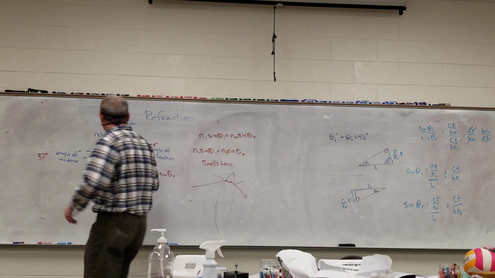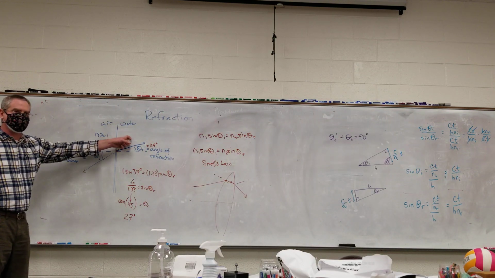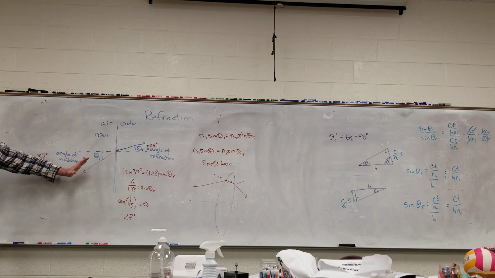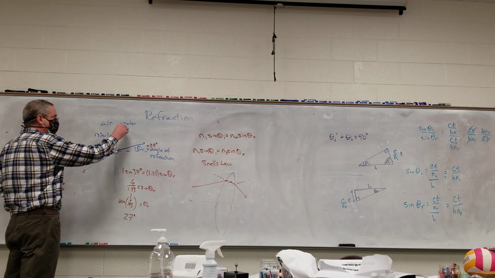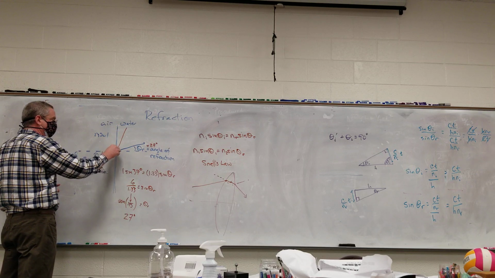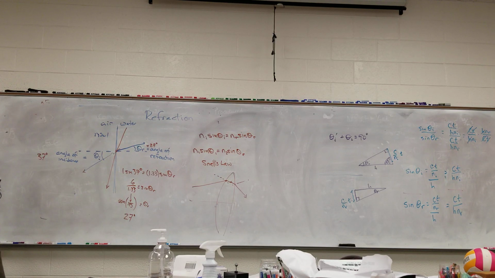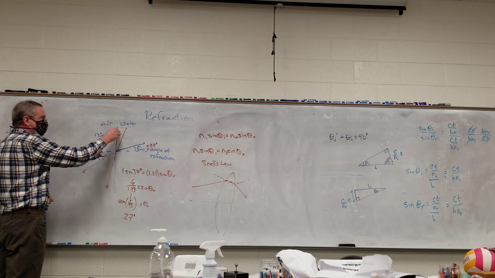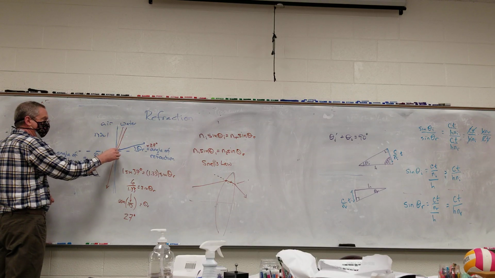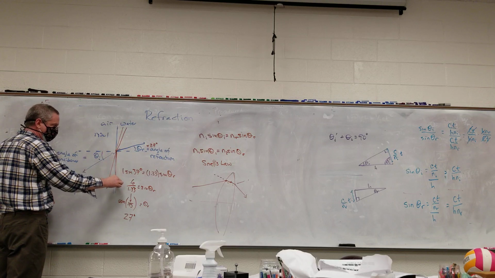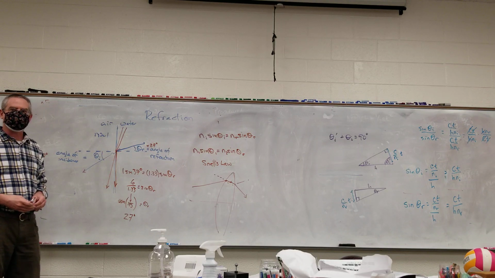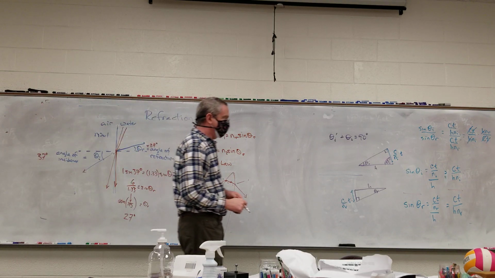So notice here that when it goes from a higher index of refraction to a lower one, it bends away from the normal. So if I make this light incident like this, it's going to bend off like that. At some point, there's going to be an angle at which it hits, in which the refraction is going to be just straight along the surface. It's not actually going to leave the medium.